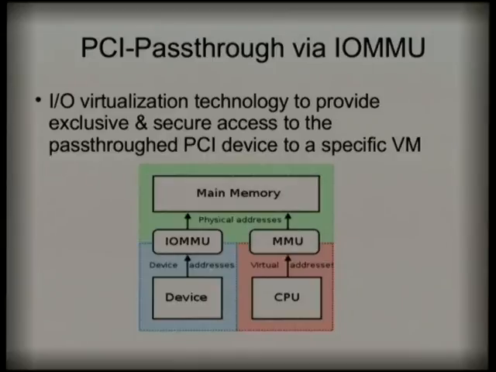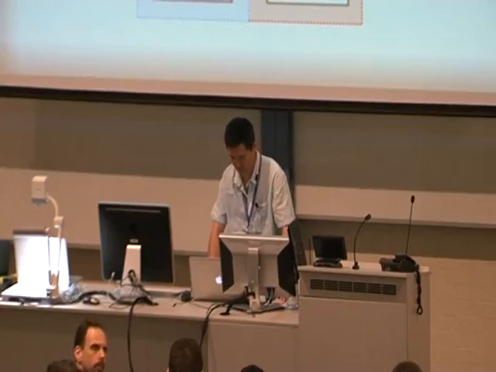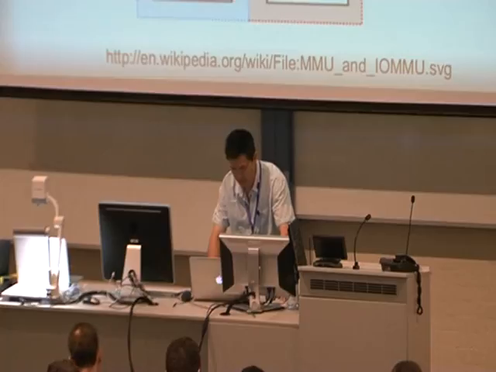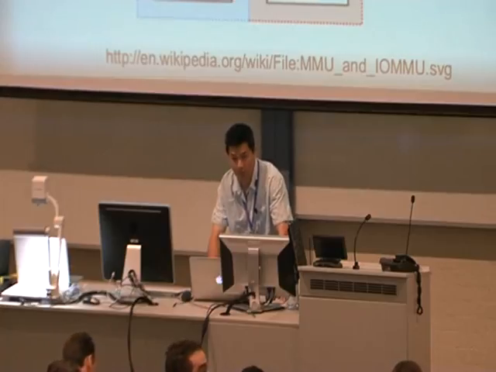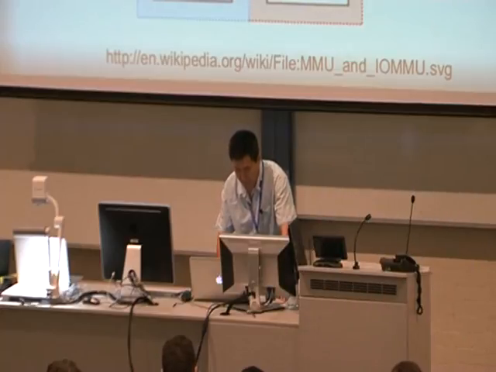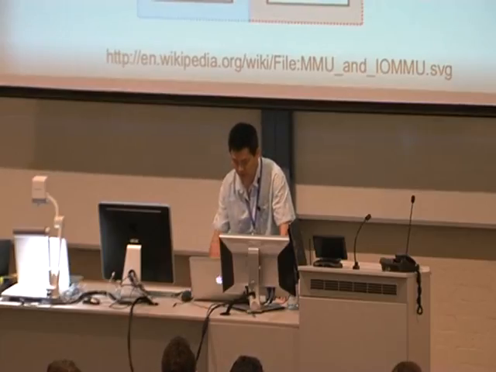In order to do this in a fully virtualized virtual machine, we need some special hardware features built into modern computers. This is IOMMU. It's similar to the traditional memory management unit. It will translate the device visible address to the physical memory address.